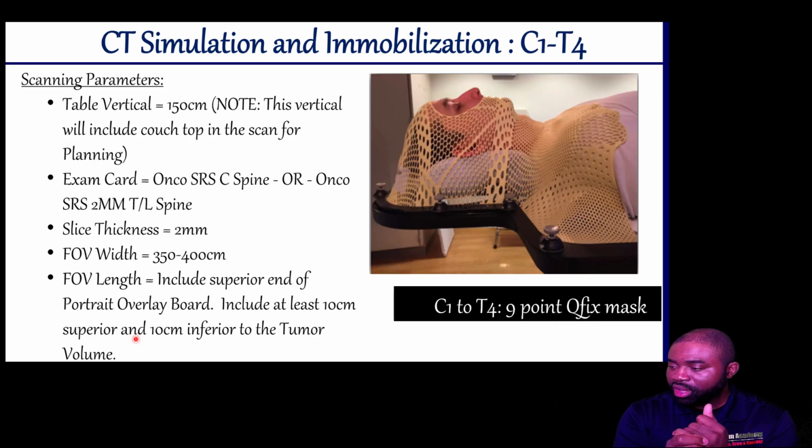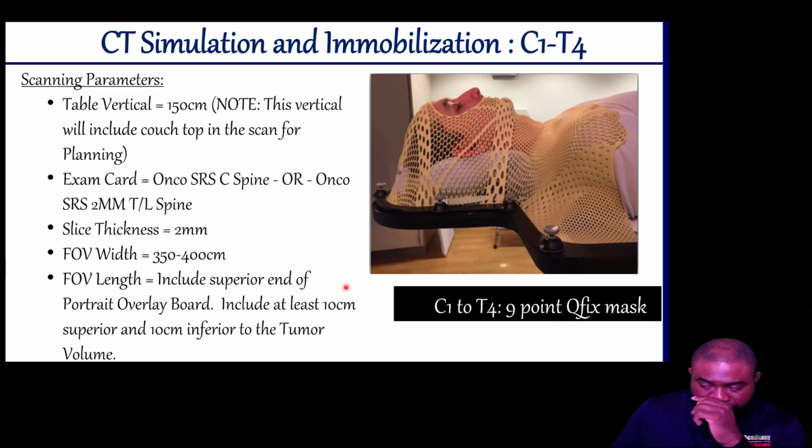cm. Now, the whole rationale to use the appropriate field of view is to image the vertebrae and at least 10 cm inferiorly and right up to the end of the scalp.